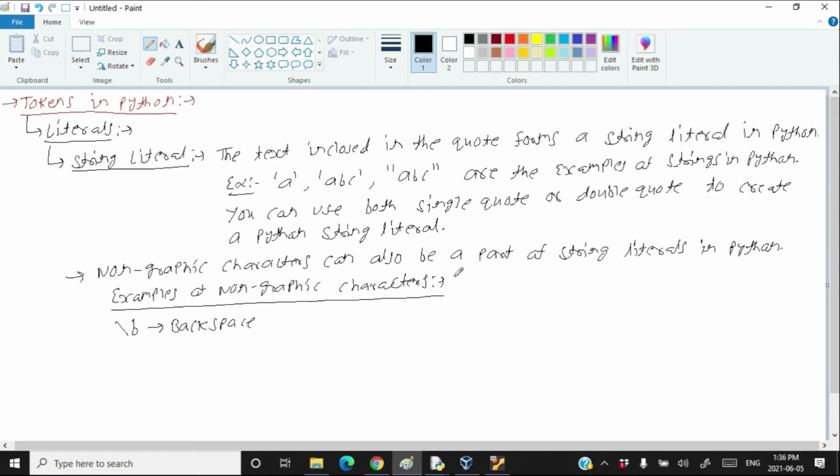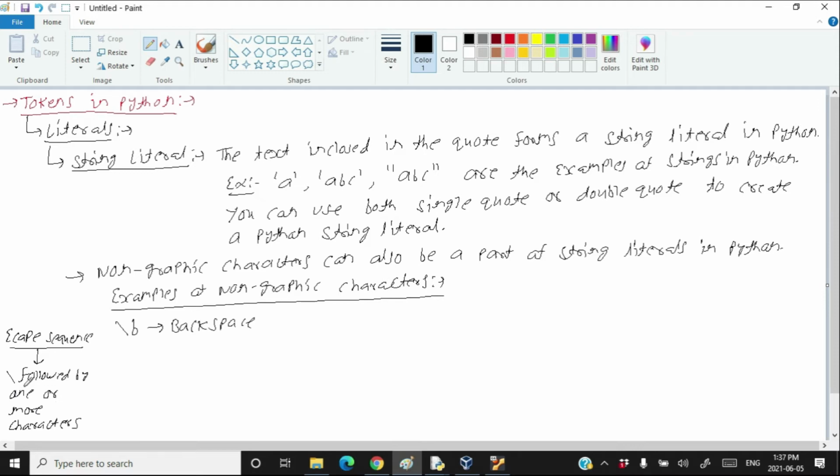These non-graphic characters can be represented by using escape sequences. Escape sequence means what? Escape sequence means backslash followed by one or more characters.